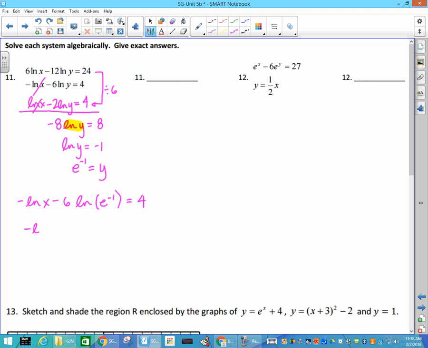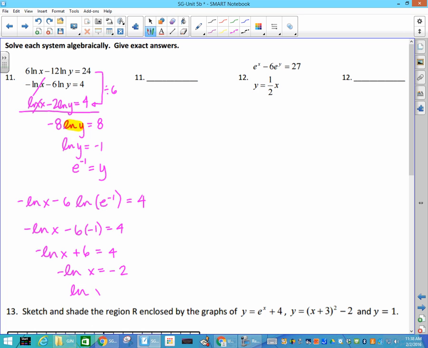Okay, so we have negative ln of x, and then minus 6, and this right here we all know becomes negative 1. So I have negative ln of x plus 6 equals 4. Negative ln of x equals, how do I get that to the other side? Because I'm trying to get this by itself. I'm going to subtract 6.